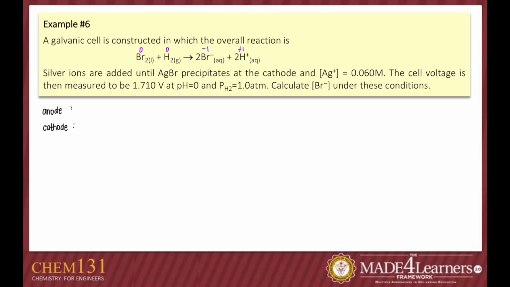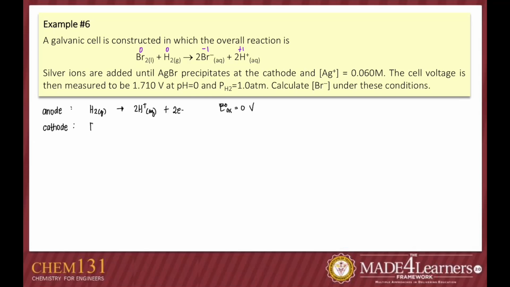So bromine decreased its oxidation number, while hydrogen increased its oxidation number. So at the anode, it is hydrogen: H2, that's a gas, goes to 2H plus and 2 electrons. So its standard oxidation is 0 volts.